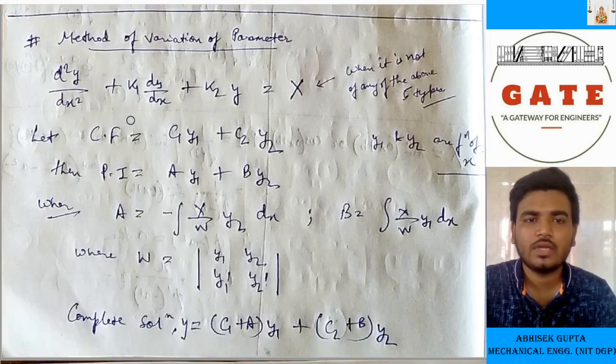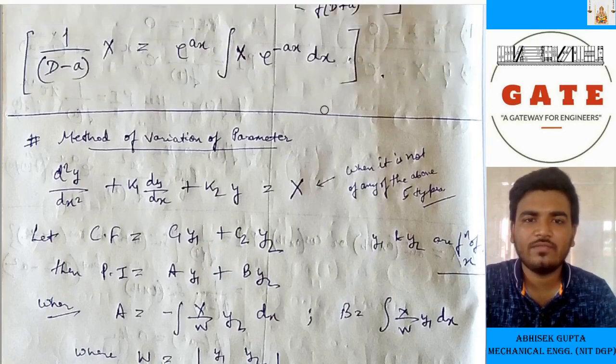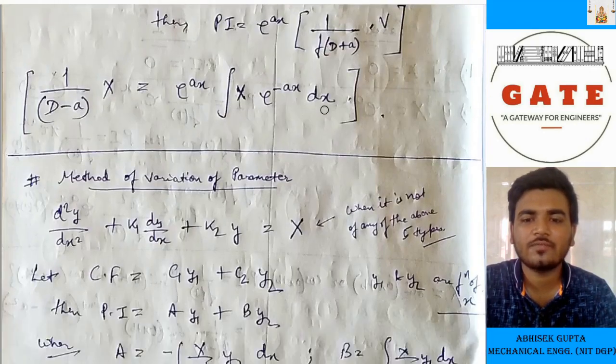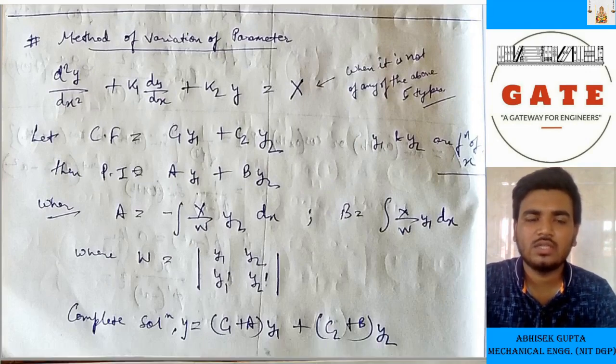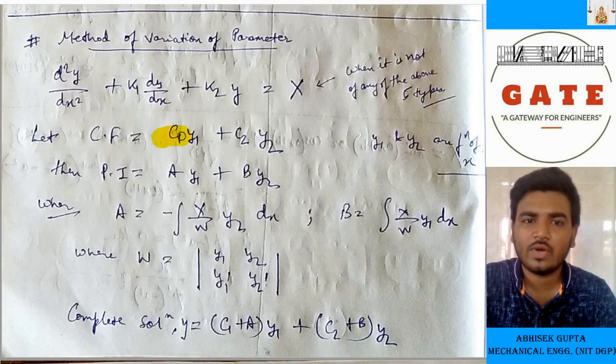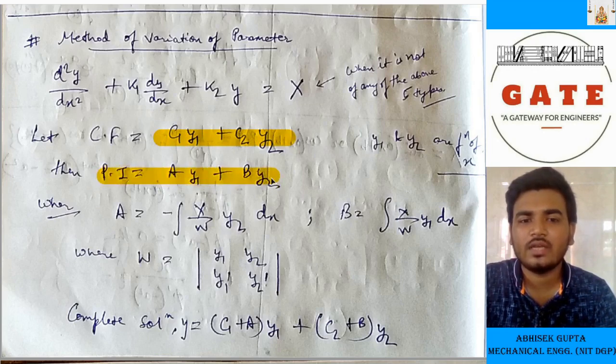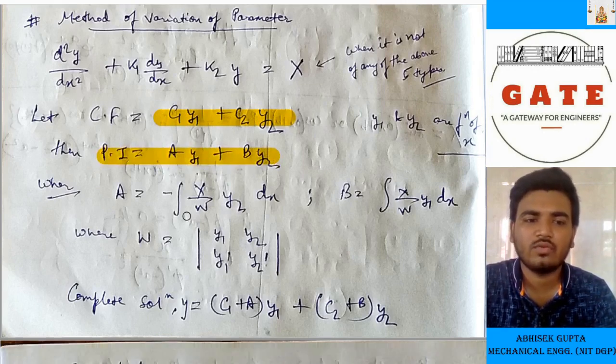Now, method of variation of parameters. This is another case. If X is not any of the above five, then you have to follow this method of variation of parameters. Here, if CF comes out to be c1 y1 + c2 y2, where y1 and y2 are functions of x, then PI will be A y1 + B y2, where A will be −∫ (X/W) y2 dx, and B will be ∫ (X/W) y1 dx.